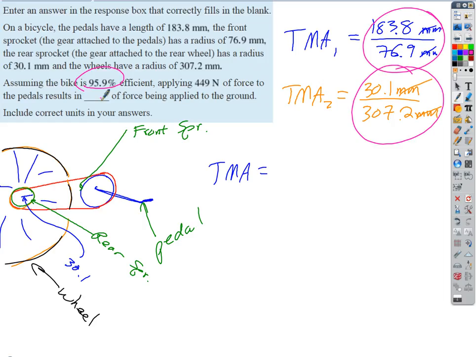If it was 100% efficient, just multiplying those two would be it. Right, exactly. There's a little bit of loss in the gears and the friction with the chain and everything, and that gives us the actual mechanical advantage. Then if we want to know the output force, we multiply the product of those three things by the input force of 449.